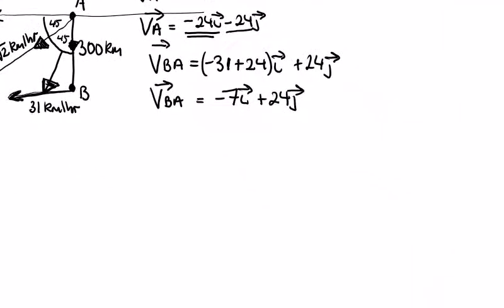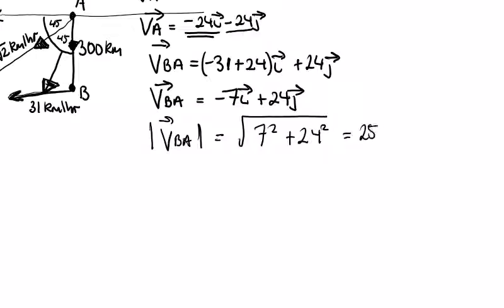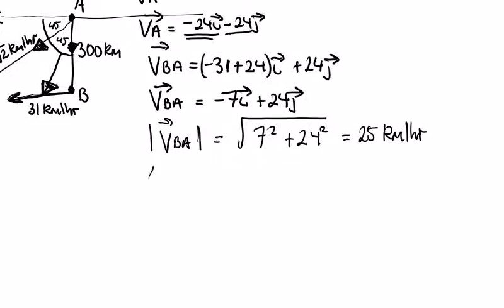So the magnitude of the velocity of B relative to A, can you see that this works out evenly? It's going to be 25. The square root of 7 squared plus 24 squared, 25 kilometers an hour. And the direction, the inverse tan of 24 over 7 will give me the angle, we'll call it theta.